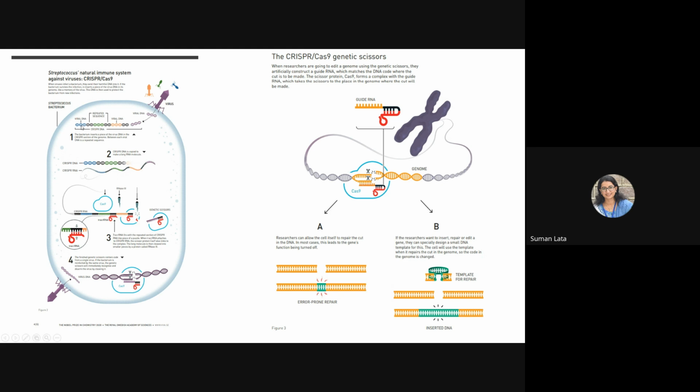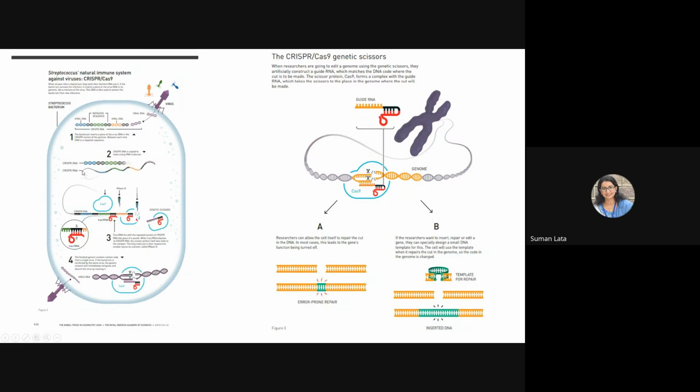Suppose this is the viral DNA in blue, this green one is viral DNA, and this orange one and this purple one are different viral DNA, which are incorporated into the bacteria when the virus infects the bacteria. These black ones are the repeated sequences. So it constitutes CRISPR DNA. Then this CRISPR DNA is copied, and it is used to make a CRISPR RNA. So this is a CRISPR RNA.